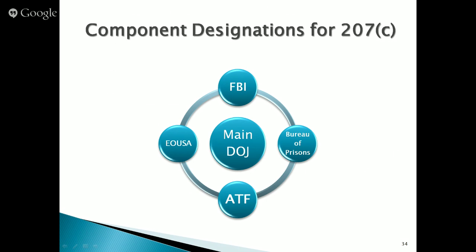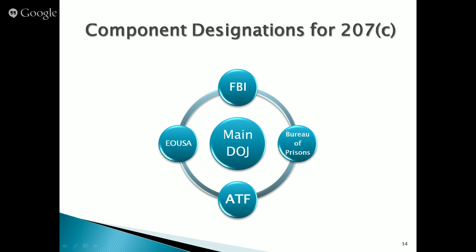Exactly. So the way this works is if you work in Main Justice, and by Main Justice I mean headquarters, where the Office of the Attorney General is, then you're only going to have post-employment restrictions with respect to that entity, Main Justice and all of its constituent parts, and any other parts of Justice that have not been enumerated as separate component designations.